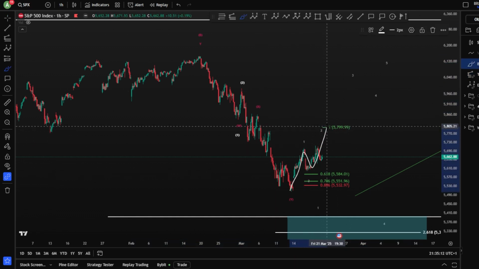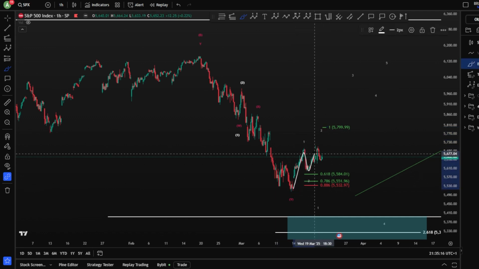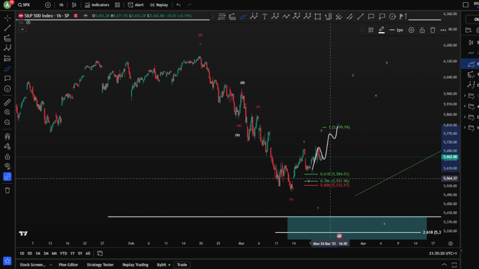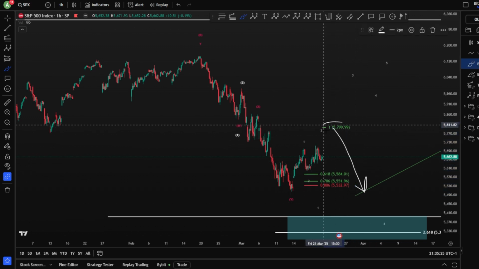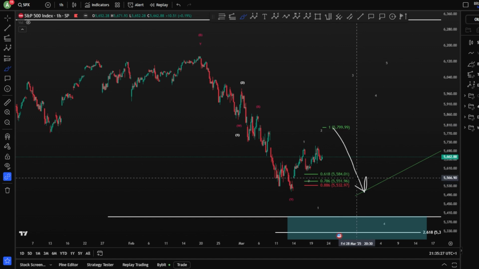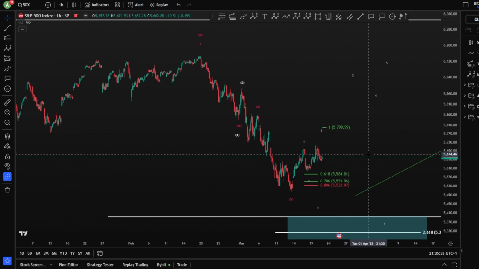Why? Because you would like to hit in a zigzag, meaning if you are in A, B, and a C, this is a wave 1 of your wave C, 1, 2, 3, 4, and a 5. And you would like to see rejection from this area toward the downside in case we are still bearish. If this happens, therefore, we have to remain bearish.